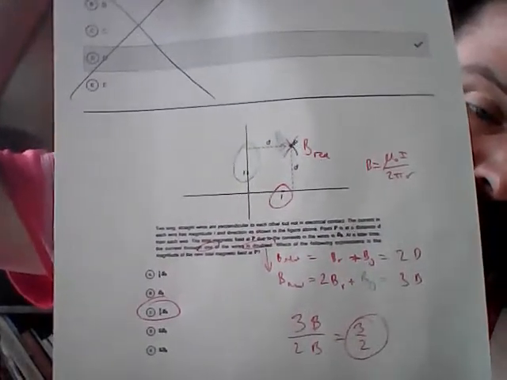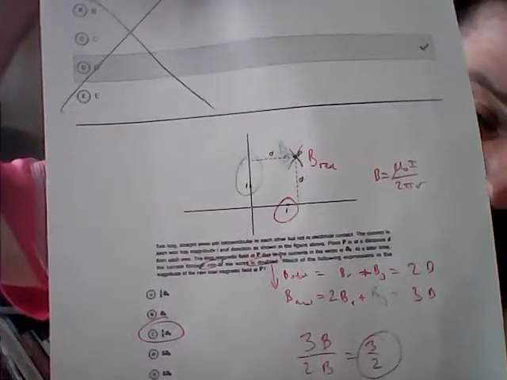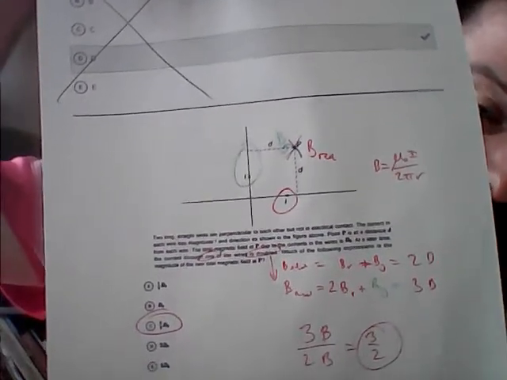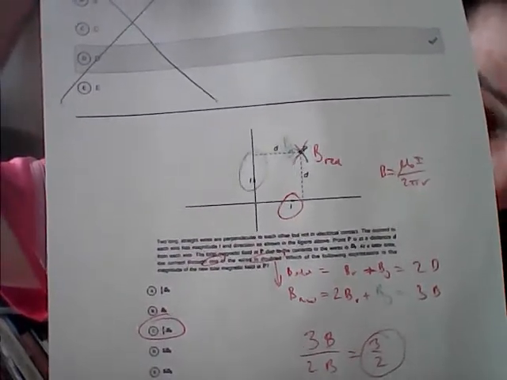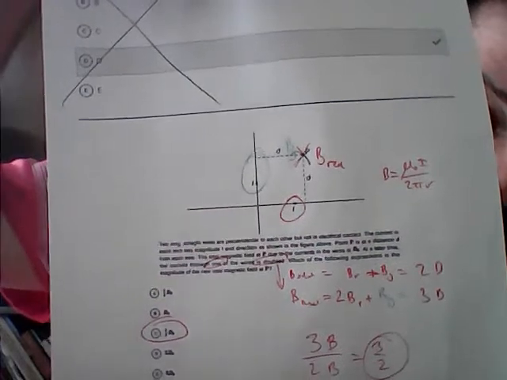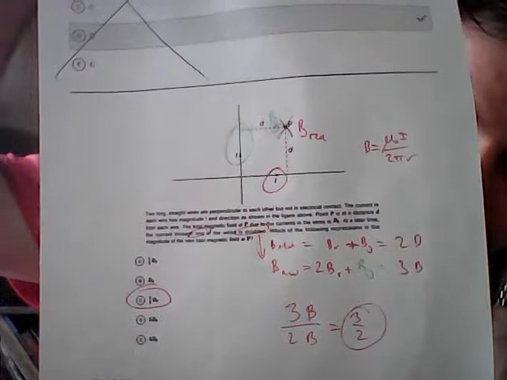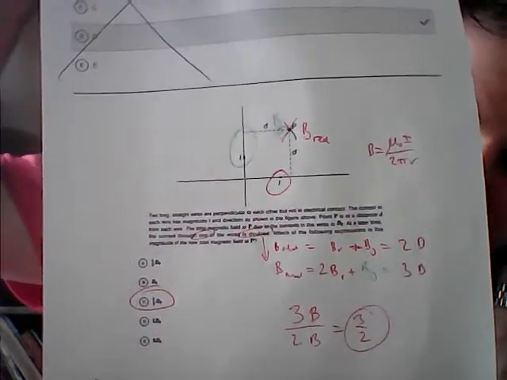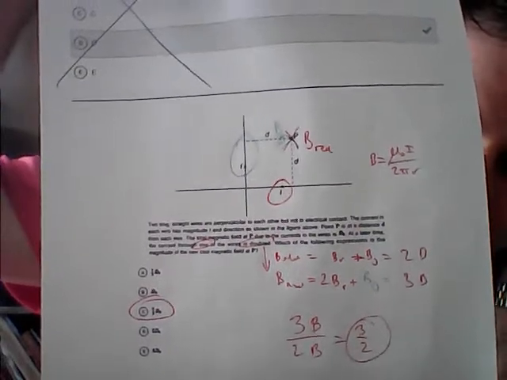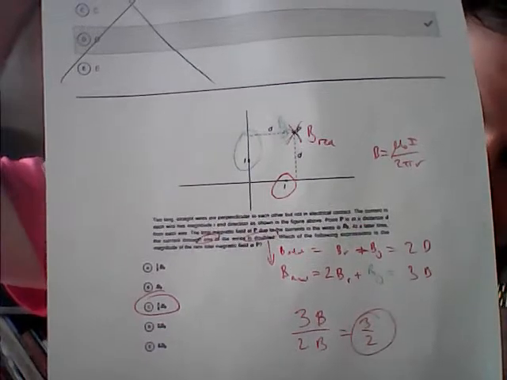If your upward current produces a field of B and the horizontal wire has a magnitude B, you would be at 2B. Now, if we double one of the currents, then instead of producing B, that wire will produce 2B at that location. So 2B plus B is 3B. Now we have 3B compared to 2B, so it's increased by 50%, or it is 3/2 of the previous value.